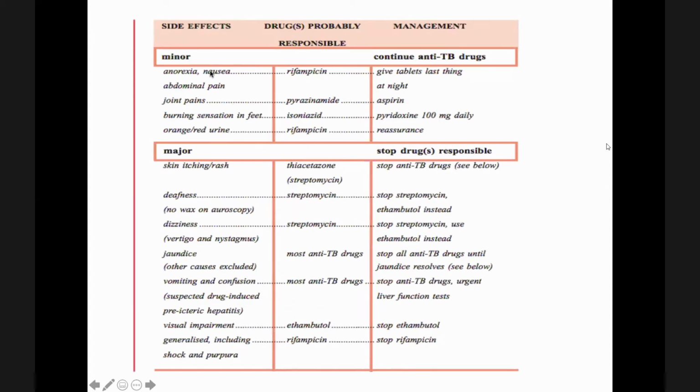A patient can have anorexia and nausea because of rifampicin, so give the tablets last thing at night. Then abdominal pain, and joint pain, mostly with pyrazinamide. You can use any NSAIDs, such as aspirin or naproxen.